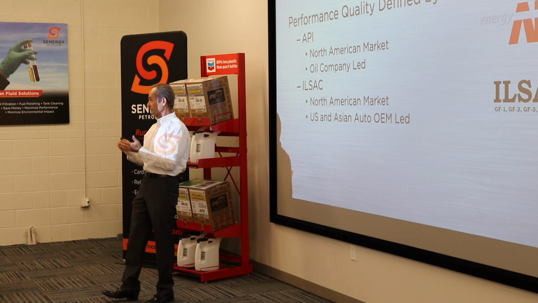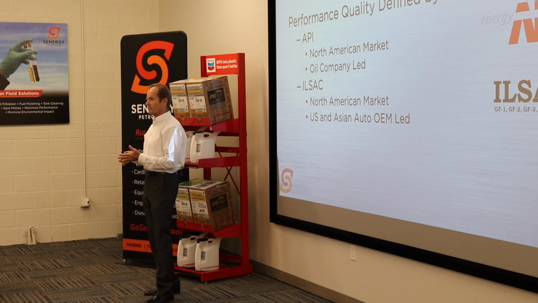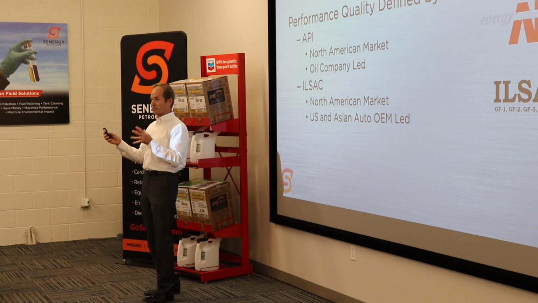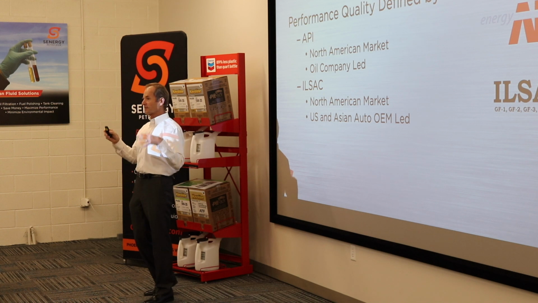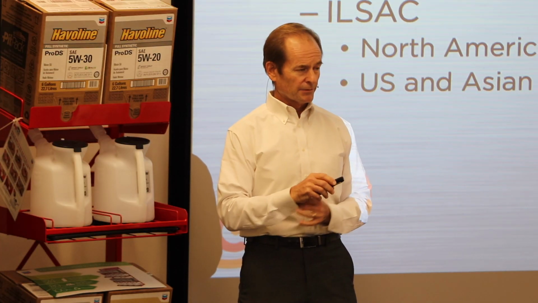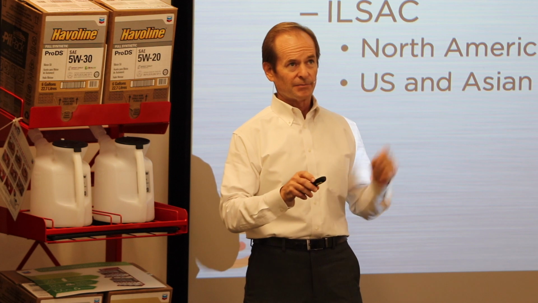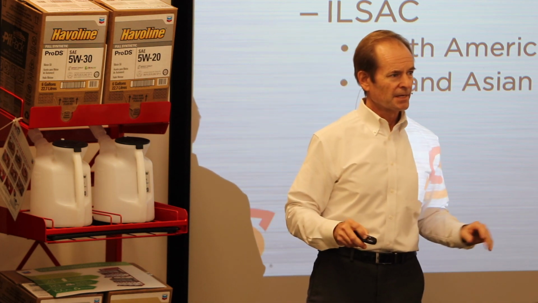The lubrication engineers from the American auto companies and the Japanese auto companies come together and pull together the specifications that they want the oil to meet that's going to be used in their engines. I'll get back to how they came about in a couple more slides as well.